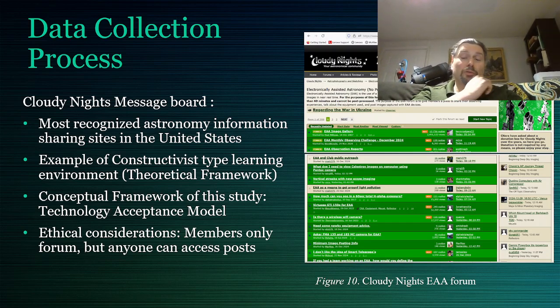They all have different levels of knowledge and experience, and they all share it with each other, and they all learn off of each other. This is a great example. The message board itself is a good example of a constructivist type learning environment, where you have collaboration, back and forth discussions of honing your technique, trying different technologies, different software, exposure times.